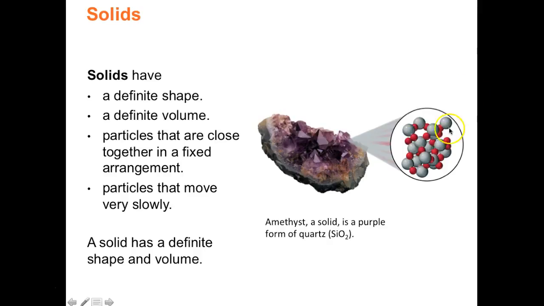And there's very little room for movement. All right, so the particles are vibrating in their fixed position. So the positions of those particles that make up the solid are fixed, and that's why they have a definite shape, as well as the definite volume. Okay, so these particles, if they move at all, it's very slow, or it's kind of just in position.